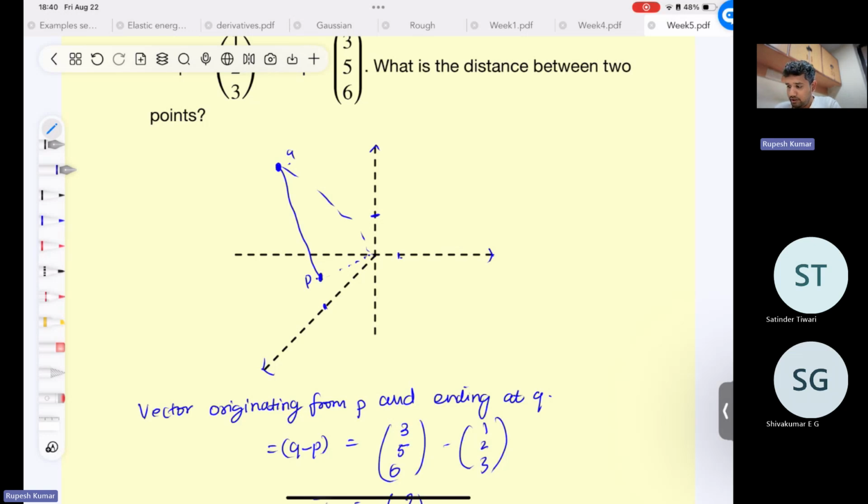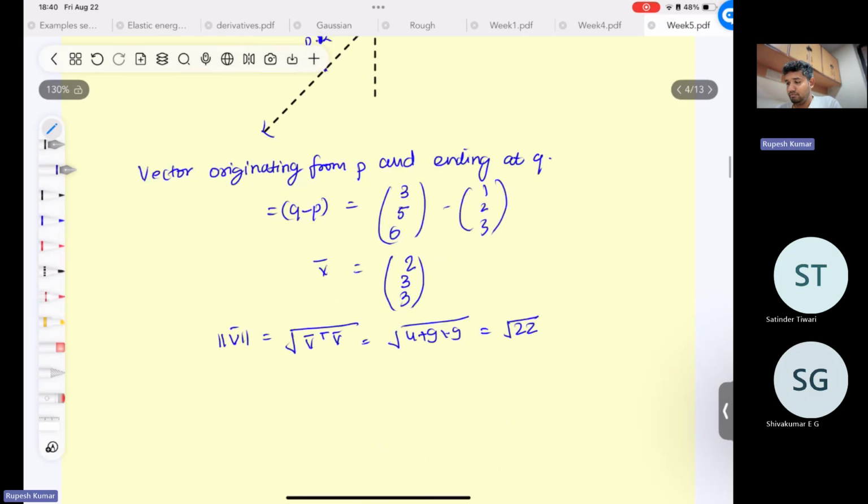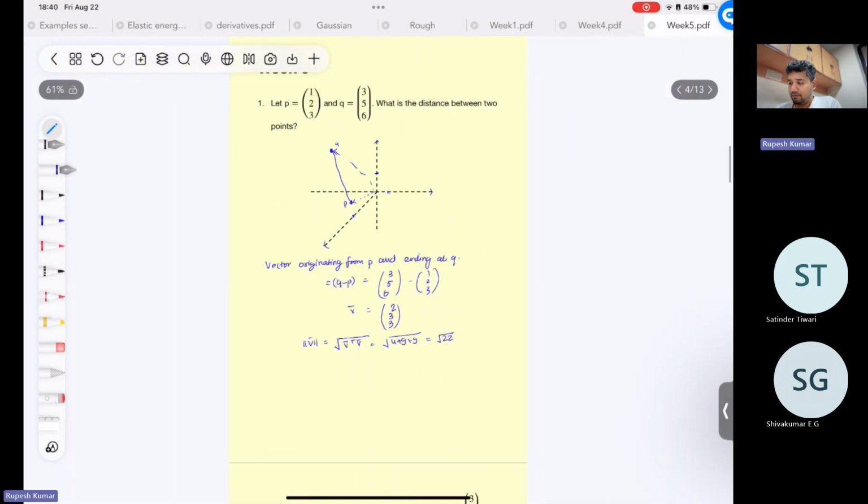These are the two vectors, and then you want a vector that goes between them. You can take the vector difference, and you will get the vector Q minus vector P, and then again you take the norm. This is a pretty straightforward problem.